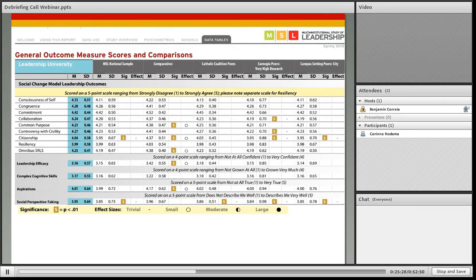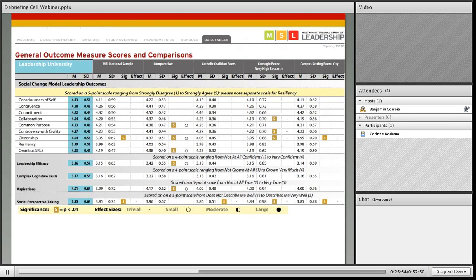As you look across to the right, you'll see a few boxes that have an S. For example, right here where the cursor is, I'm thinking you can see that, is citizenship. There's a yellow box that has a white S in it under the SIG column. That's what you want to look at on this table.